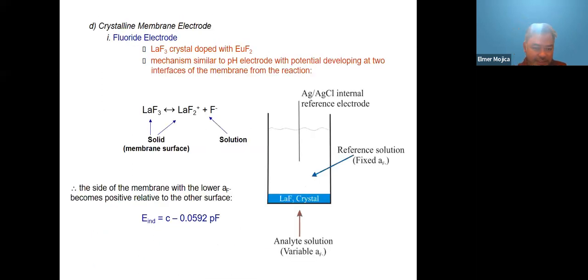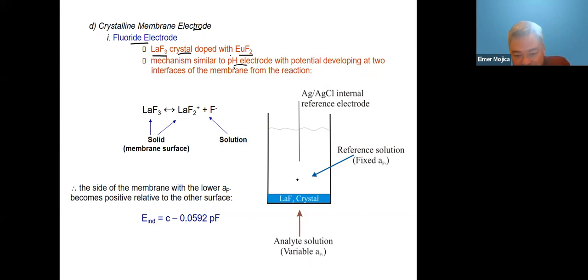And then we have another type. Ito yung ginamit namin kanina, yung tinatawag na crystalline membrane electrode. Okay? So classic example that we have is a fluoride electrode. So you have your lanthanum fluoride crystals doped with europium fluoride. Though the mechanism is similar to the pH electrode where you develop potential at the two interfaces like here.